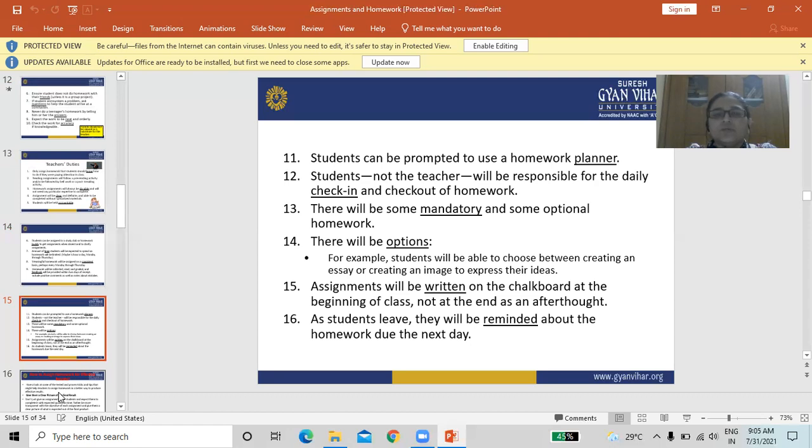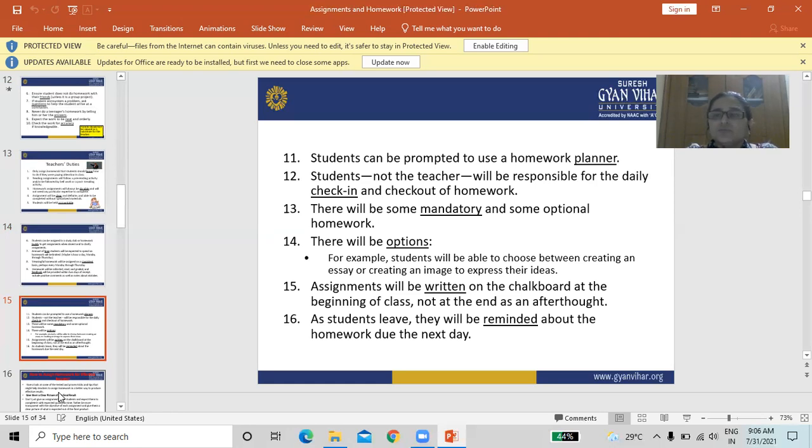There will be some mandatory and some optional homework. There will be options. For example, a student will be able to choose between creating an essay or creating an image to express their idea.